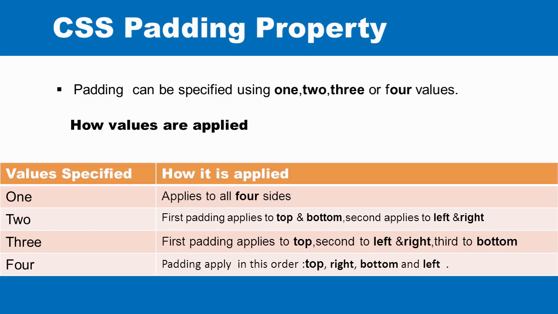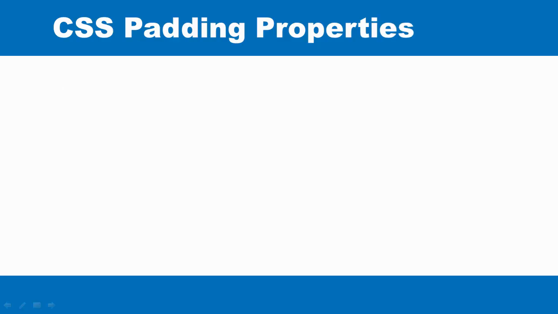If you've got 2, the first applies to the top and the bottom, and the second applies to the left and the right. If you've got 3 values, the first padding goes to the top, the second goes to the left and right, and the third goes to the bottom. If you've got 4 values specified, the padding is applied in the order of top, right, bottom, and left, which is a clockwise direction.